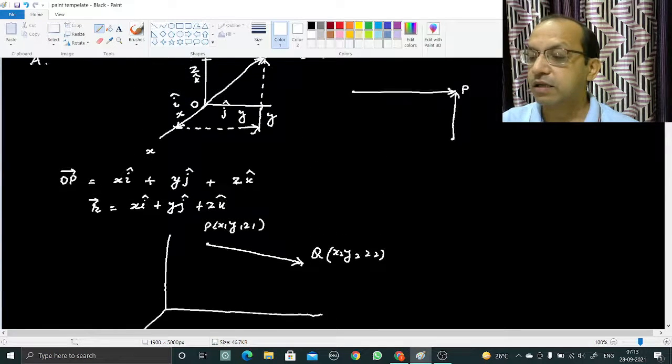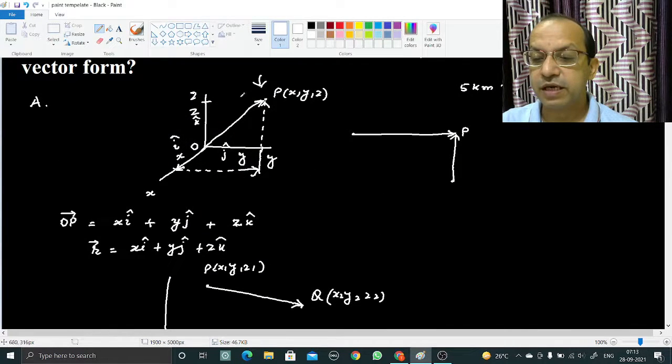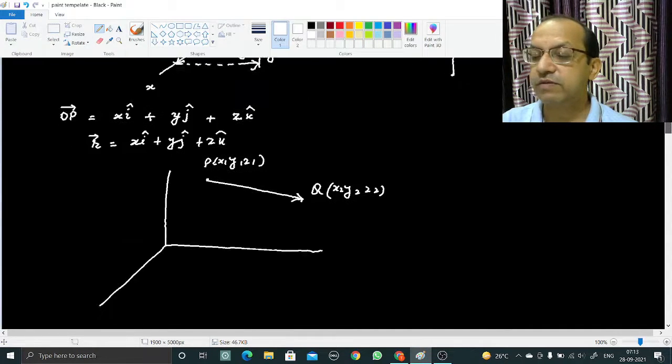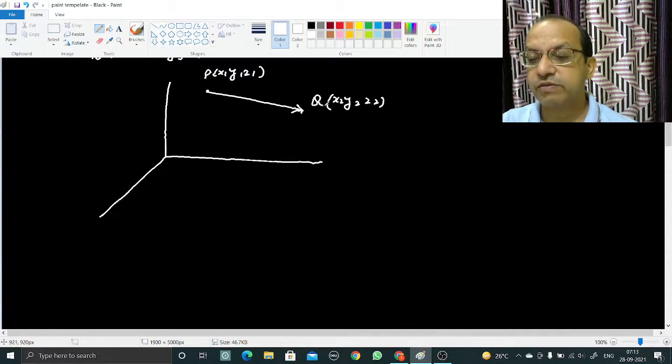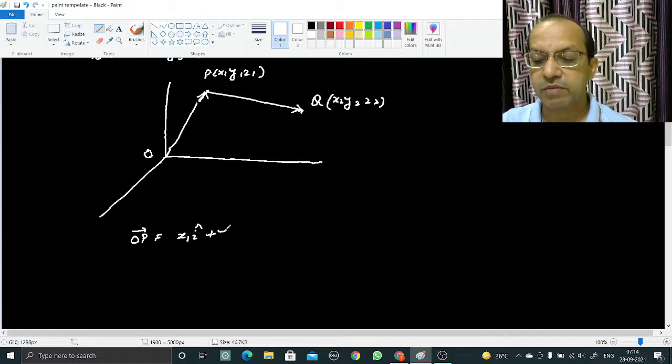Earlier, there were 2 points: the position vector of P was found with respect to the origin O, with points 0, 0, 0 and x, y, z. These points are now replaced by x1, y1, z1 and x2, y2, z2. Now we have to find the position vector of Q with respect to point P. From the earlier discussion, the position vector of P with respect to origin O is OP, which equals x1 i cap plus y1 j cap plus z1 k cap.